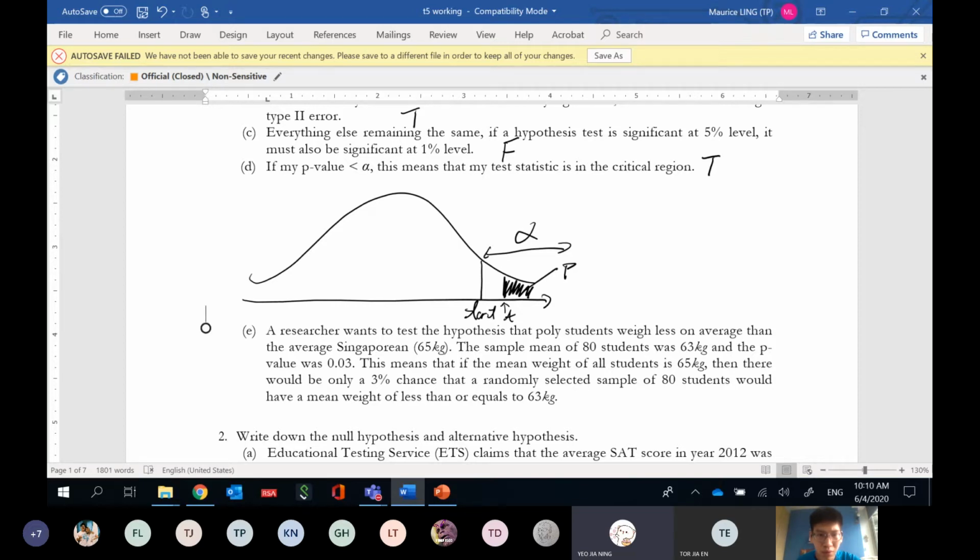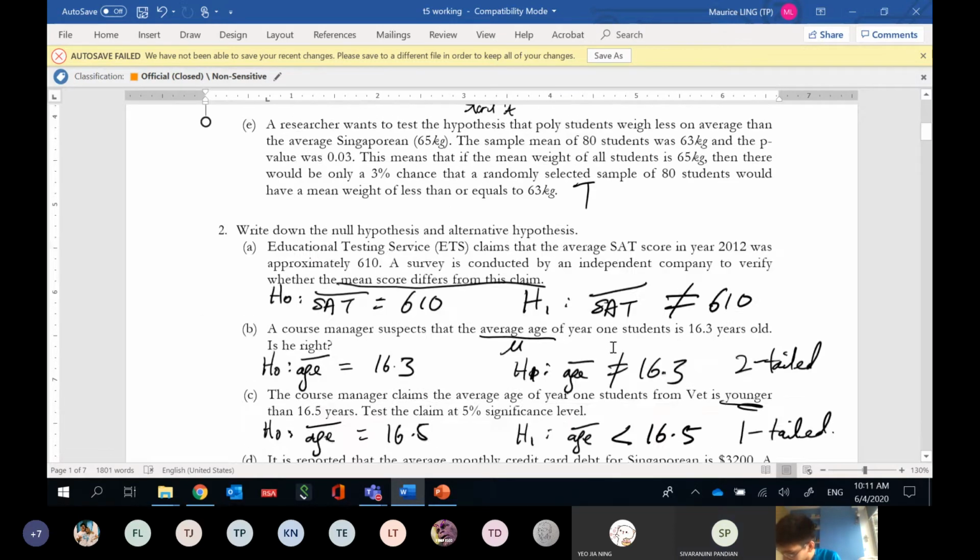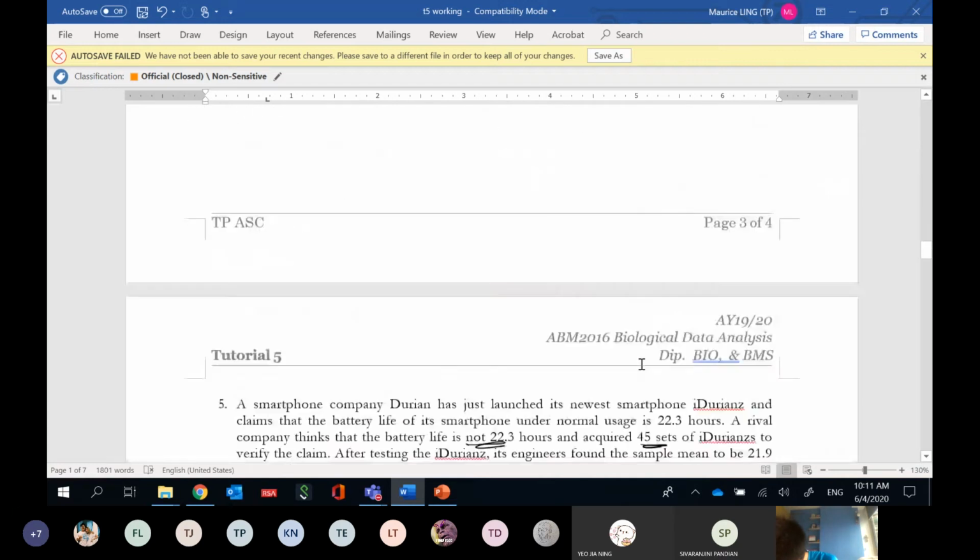So Ranjini, next one. I put true. It is true. Correct. All right, good.